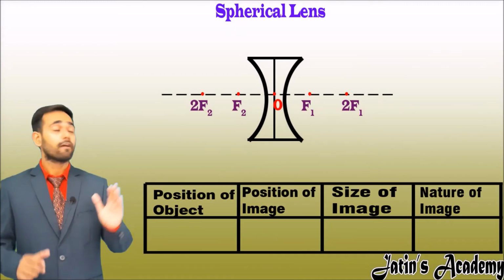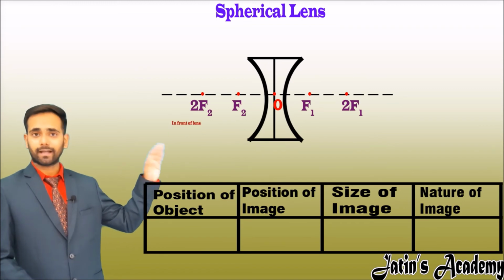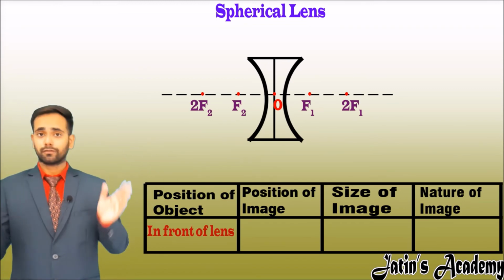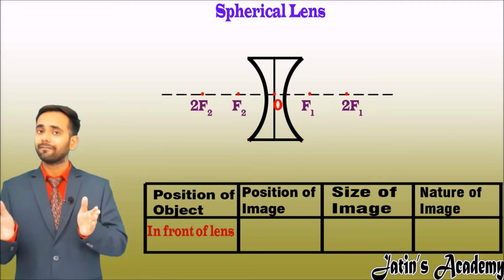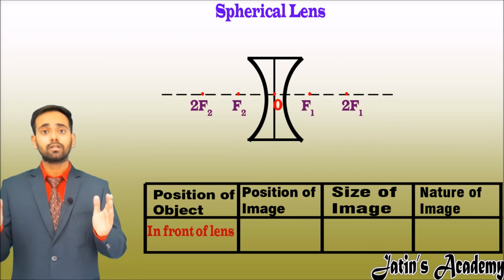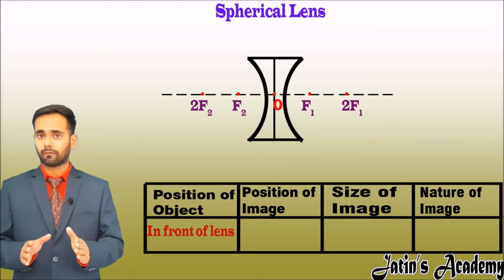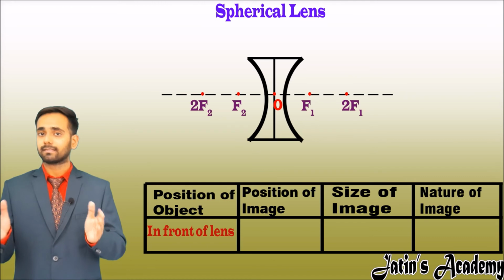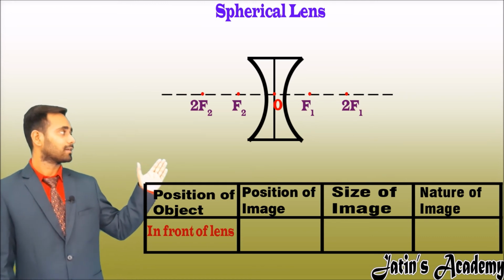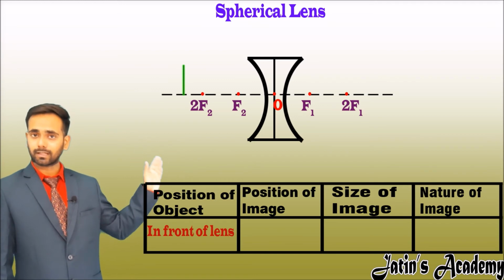First case is when the object is placed at a finite distance from the optical center. In this case, you can put the object anywhere in front of a concave lens. Irrespective of the position, we get the same type of image, similar to the case of a convex mirror. Now make a 1 centimeter line anywhere in front of the concave lens.